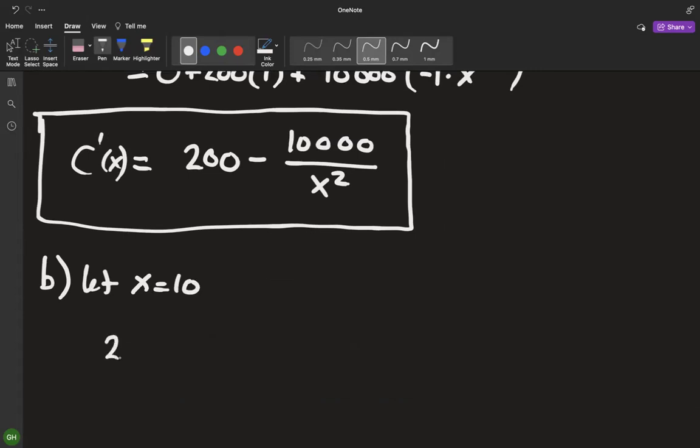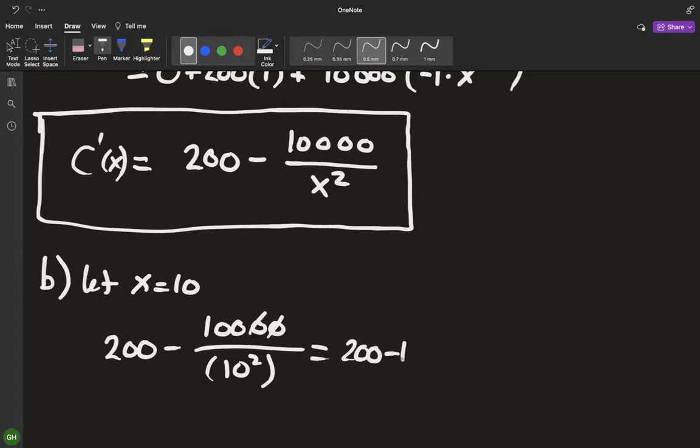And we get 200 minus 10,000 over 10 squared. Dividing by 10 squared just cancels two zeros. So we get 200 minus 100, which is just 100.